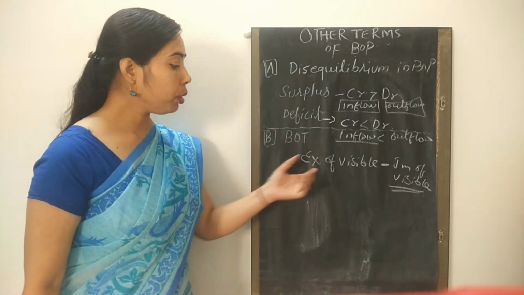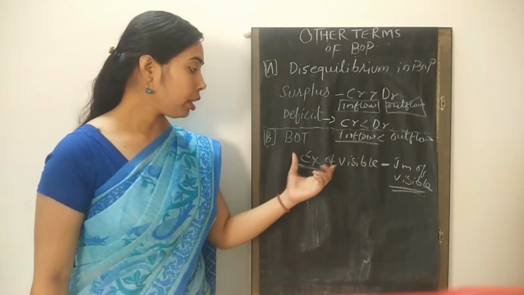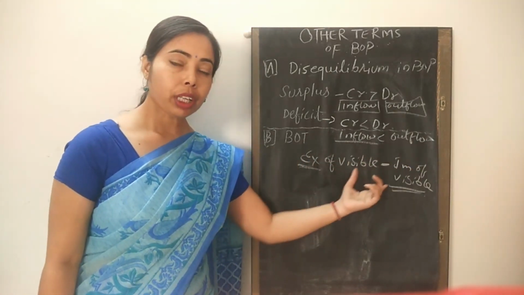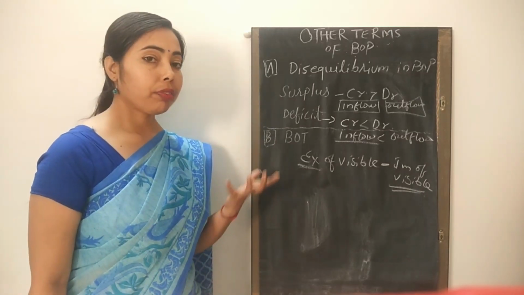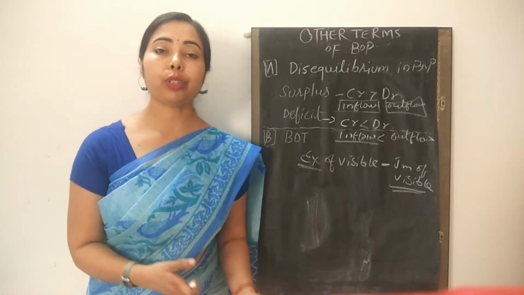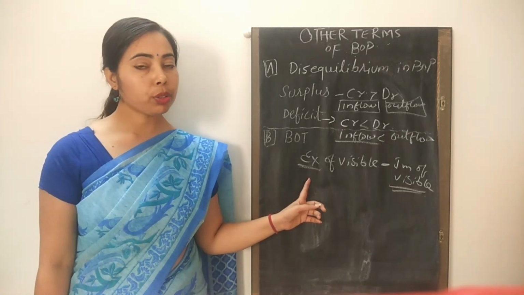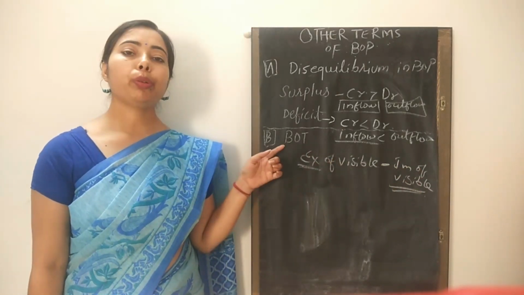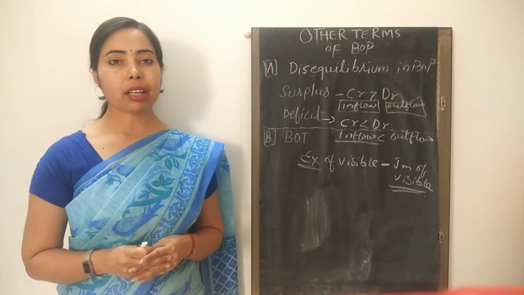Balance of trade is the difference between the total export of visible goods and the total import of visible goods. So if a numerical question is asked to calculate balance of trade, how will you calculate it? You take the export of visible goods and subtract the import of visible goods, and that value will be known as balance of trade. So this much we have to study in this chapter.